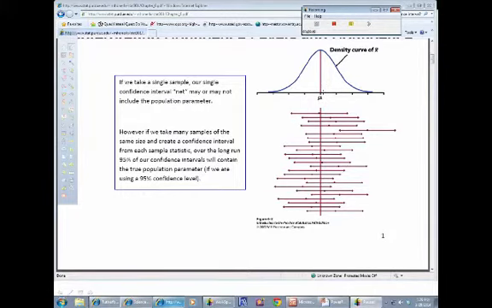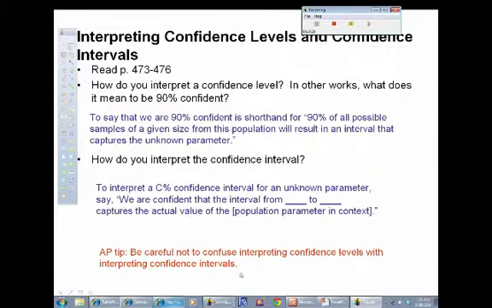If we're using a 95% confidence level. If we're using 90, then we're talking about a 90% confidence interval. So be careful. Every time you construct a confidence interval, you're expected to interpret the interval you calculated. You're expected to interpret the confidence level only if they specifically ask you to do so.